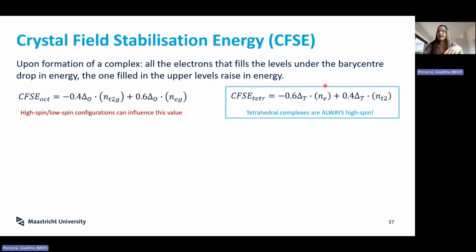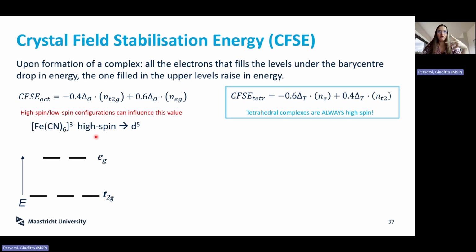In the tetrahedral, it's the same formula, but you flip it the other way around and you use the e set versus the t2 set. The same business: you're supposed to have a crystal field stabilization energy, which is this acronym, so the energy that you get by arranging the complex.